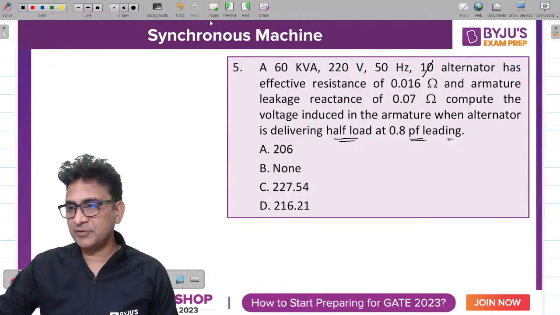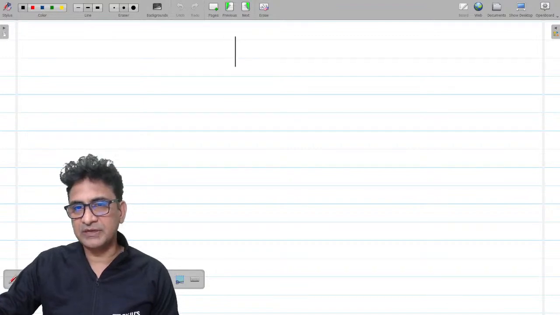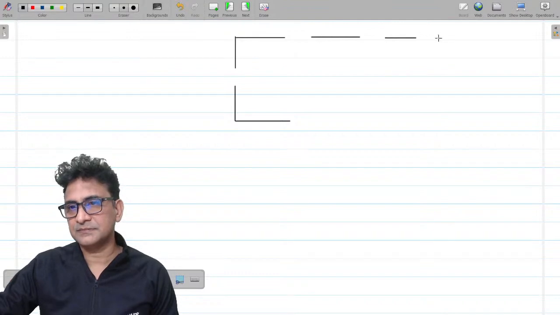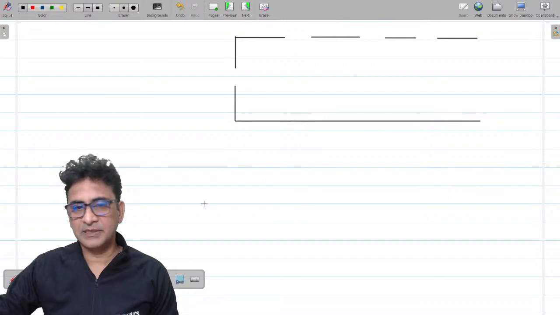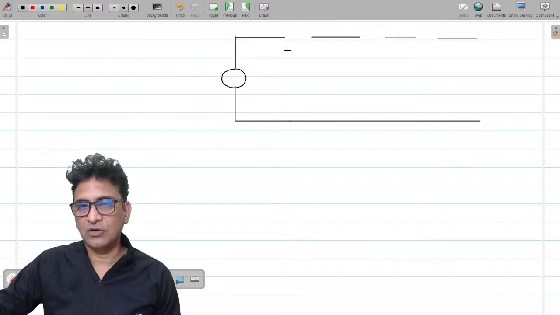See, first let me tell you about the difference between the excitation voltage, induced EMF, and the terminal voltage. When you draw the equivalent diagram of an alternator, the equivalent diagram is always drawn on a per phase basis. This is the equivalent diagram of an alternator.